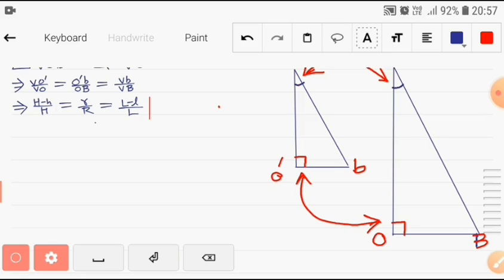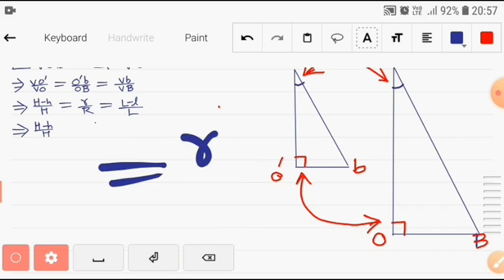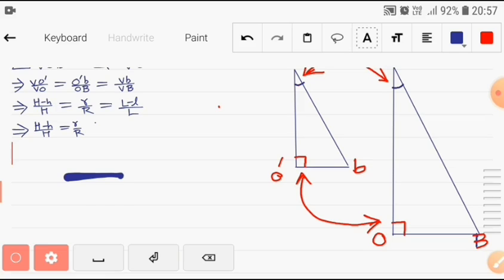Now, this means H minus h by H is equal to r by R. Okay, next, H is dividing here on the left hand side. H is dividing both the H, capital H as well as the small h. So we will separate these two.